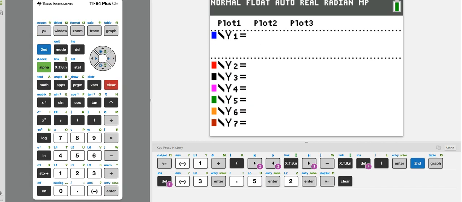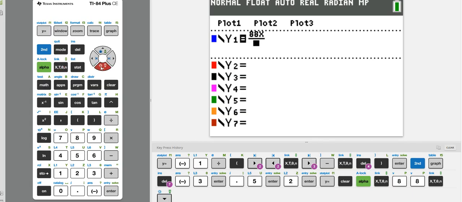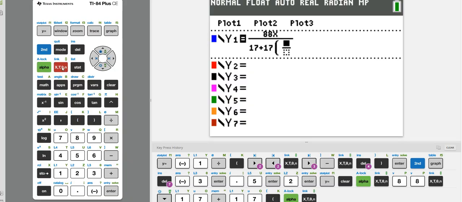I think the easiest way to put in this function is hit the alpha key and then give yourself a nice horizontal fraction. 88x over 17 plus 17 times parentheses. And then I'm going to hit this little alpha key again to put in that x over 20.